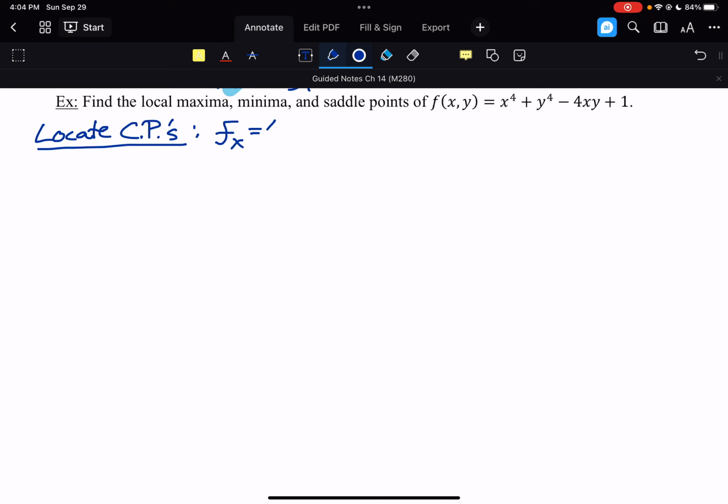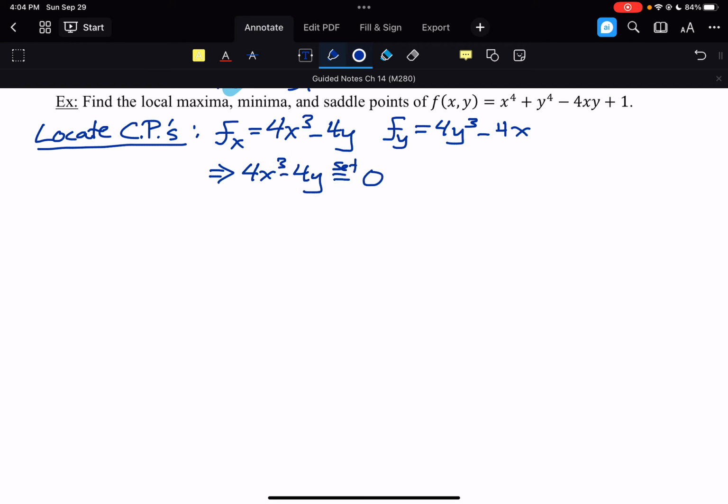So fx is 4x cubed minus 4y, and fy is 4y cubed minus 4x. We're going to set these equal to 0.